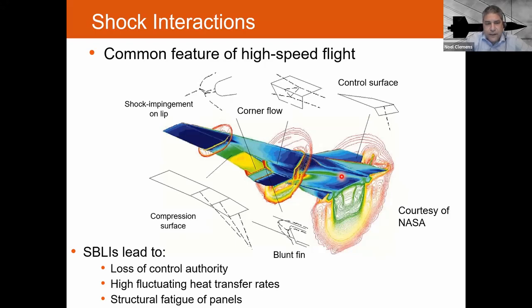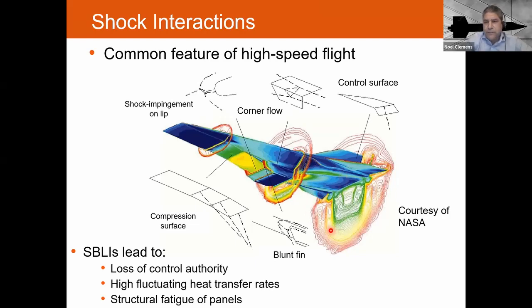And then also a bigger problem in hypersonics is that, due to the viscous heating, you have high fluctuating heat transfer rates. First of all, high mean heat transfer rates, and then the unsteadiness induces additional heat transfer due to the increase in the gradients.